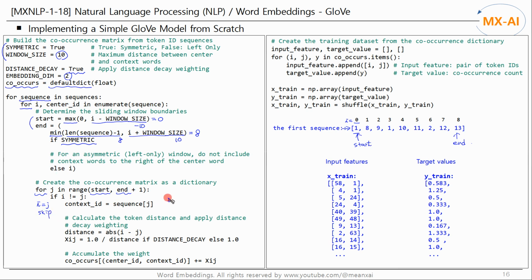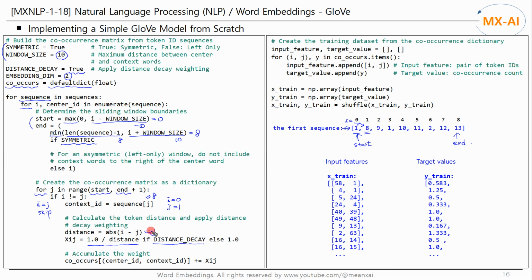In the next iteration, i is 0 and j is 1. The token ID of the context word, context ID, is 8. The distance between the center word and the context word is simply the difference between their positions, so the distance is 1. Since distance weight decaying is enabled, the weight is computed as 1 divided by the distance.